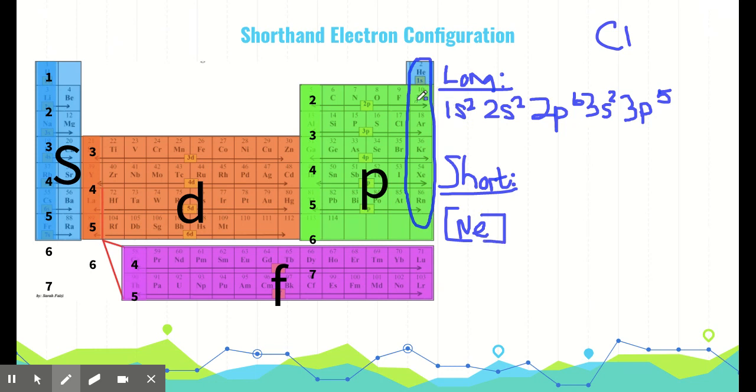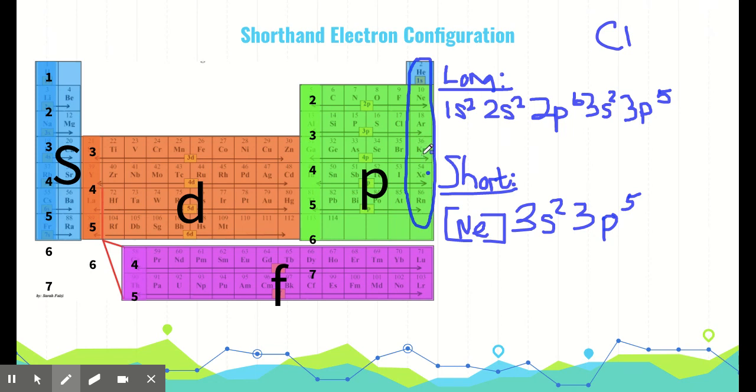If I was starting from this point, my next step would be 3s, right? So 3s2, and then 3p5. So basically, wherever you're at, you go all the way to the right hand side and up one, and that's where you will begin. That noble gas will be in brackets, and then you can start from there.